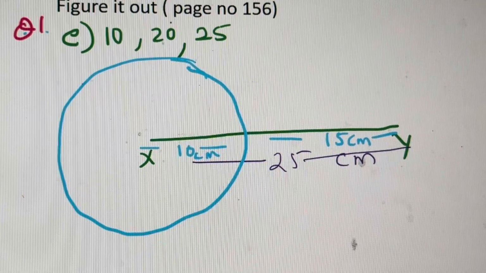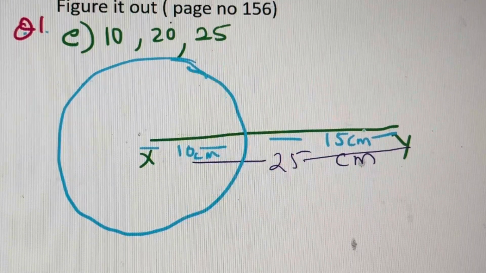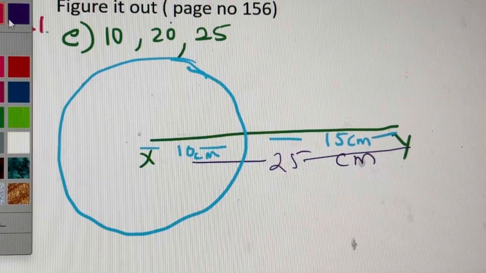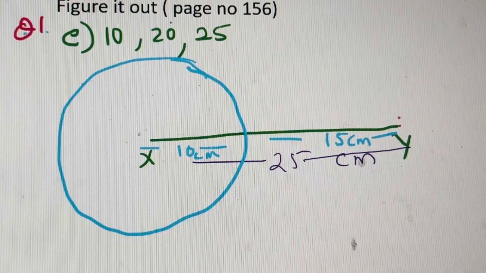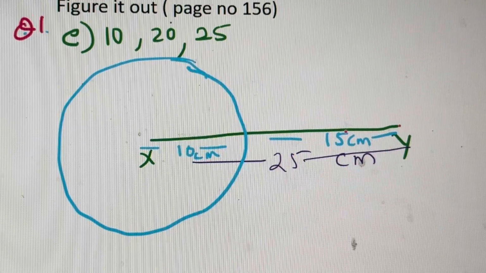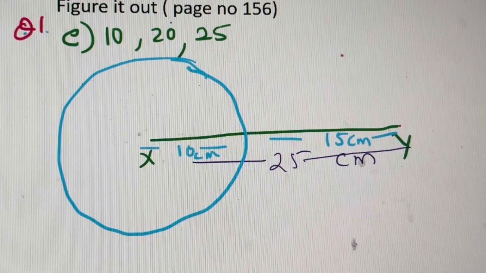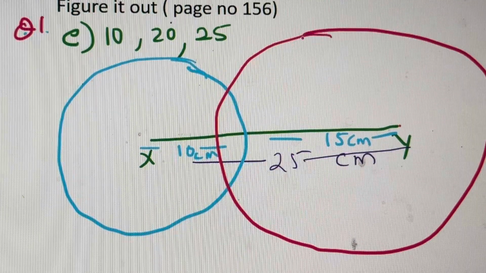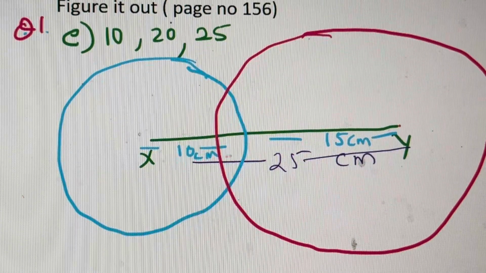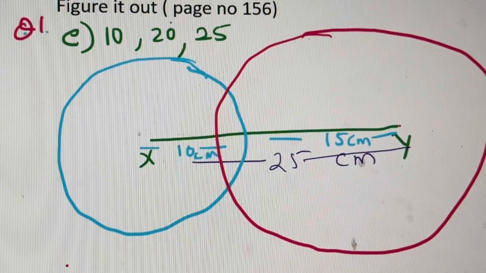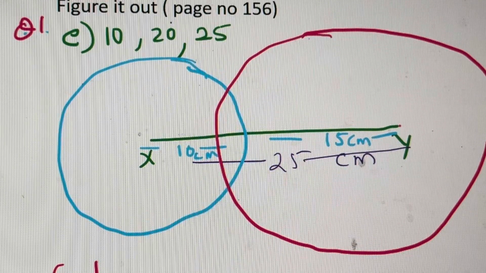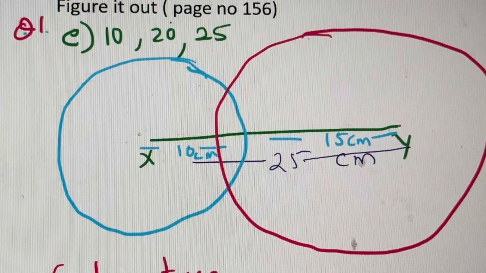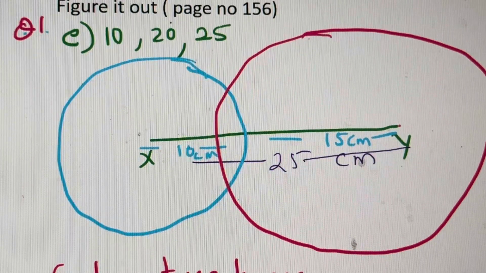Now the other side length is 20 centimeter, and we take Y as a center and 20 as radius. This is still here 15, so naturally 20 will be bigger, it will go beyond this and the circles will meet. So circles intersect each other.